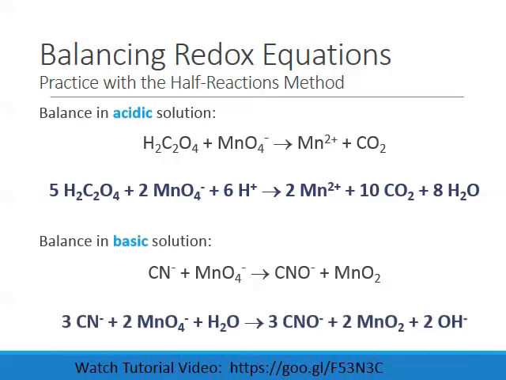So if you've done it properly, you should have 3 cyanide ions, 2 permanganates, 1 water, and then 3 CNO minuses, 2 manganese dioxides, and 2 hydroxide ions on the right. So there's 2 good examples of balancing in acid and basic solution.